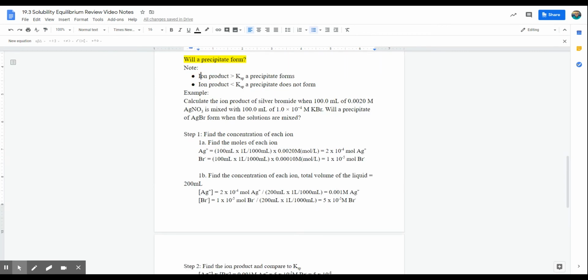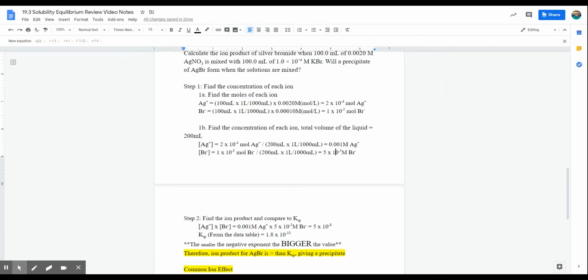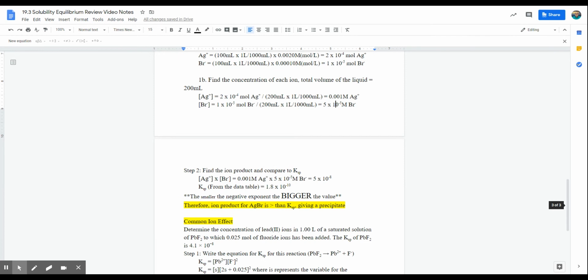And then from there, I can solve for my ion product. Ion product is I take the two amounts and I basically multiply them together. So to find the ion product, to compare it, I need to multiply the silver by the bromide, what I found in step 1B. So 0.001 molar silver multiplied by 5 times 10 to the negative 5th molar bromide gives me 5 times 10 to the negative 8.